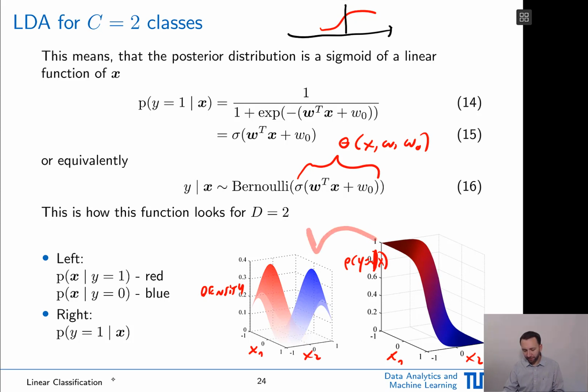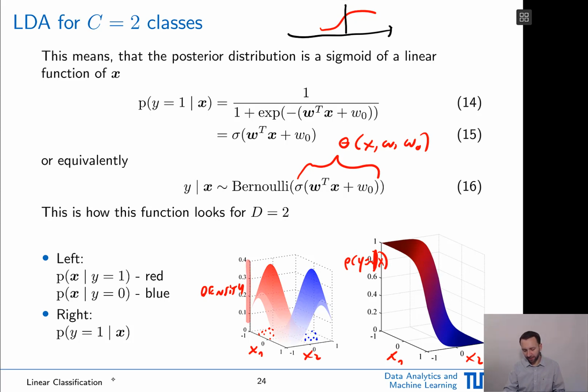So be careful with these two plots. They really show two different things. Here we show the density of the different classes in the input space: where do we expect the red objects and where do we expect the blue objects? Here we would have many blue objects and here many red objects. If you think about the generative process, you have the red distribution and the blue distribution, you can generate samples, and here you end up with the blue samples and here the red samples.